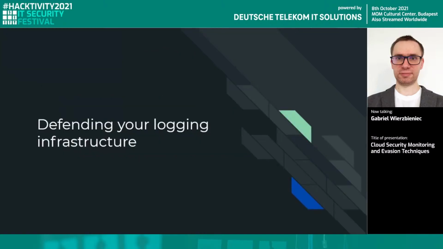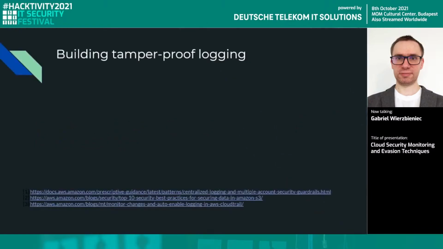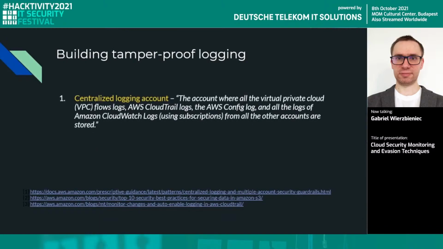So how can we defend against this? We need to build tamper-proof logging. First of all, good architecture is the key to preventing these attacks, like creating a logging account where you store all the logs from all your AWS accounts.